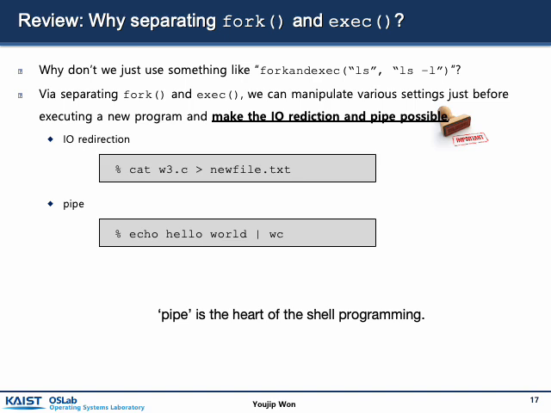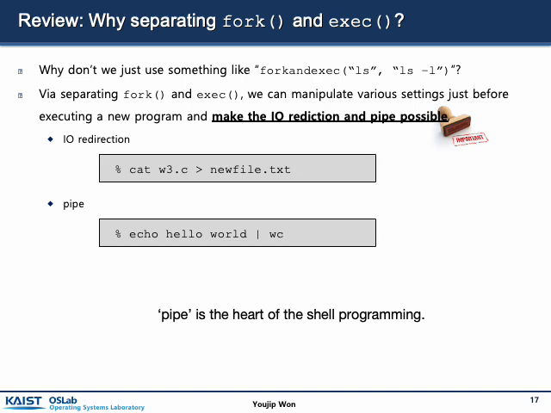The reason behind the design that separates fork and exec is to enable the user to manipulate various settings just before executing a new program, and to make I/O redirection and pipes possible.